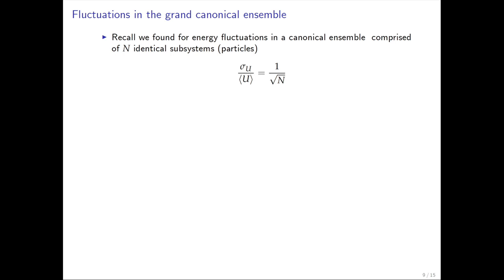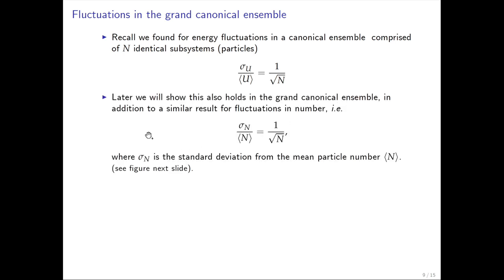And what we found was that the standard deviation of the fluctuations around the mean of the energy, sigma_U divided by the mean U, in a system of n identical subsystems went like 1 over root n, which I said you could think of as something like the central limit theorem. And it's a property of non-interacting particles as well.